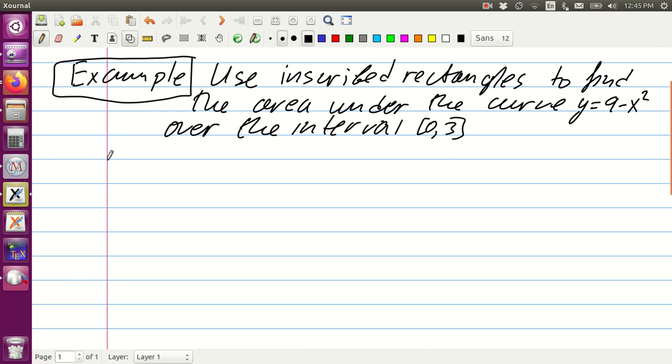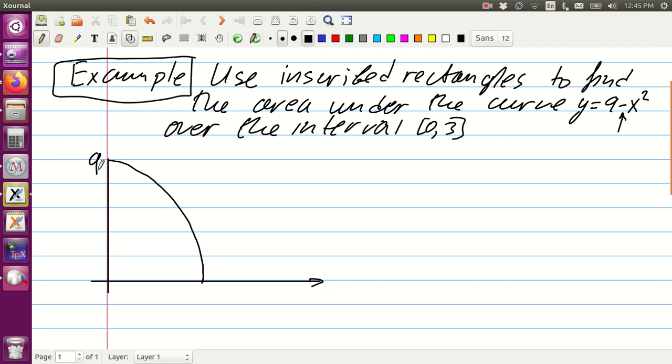So basically, let's try to make a picture. We have a function which is x squared, but since we have a minus, it's flipped upside down and moved 9 units up. So you have something like this.